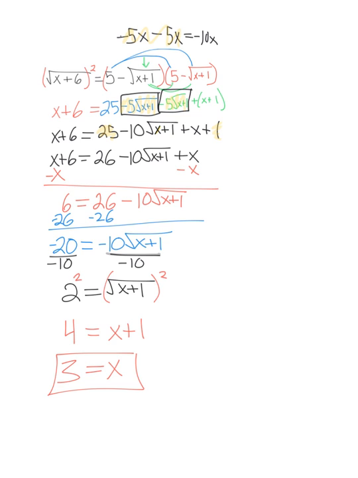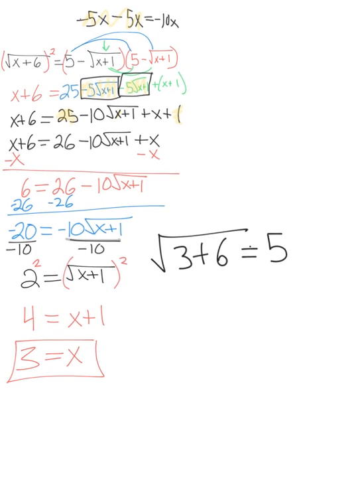So my original equation, if I put 3 in for x, I would get the square root of 3 plus 6 equals 5 minus the square root of 3 plus 1.